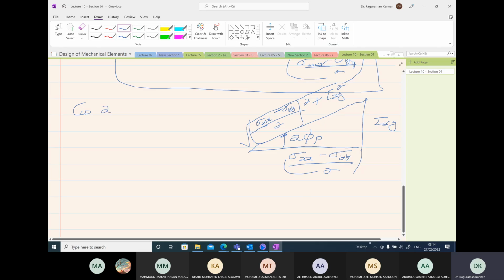Cosine 2 phi p along the principal stress direction will be equal to, so let's call this r the hypotenuse, and I'm going to write the cosine of the angle as sigma x minus sigma y over 2 divided by r.